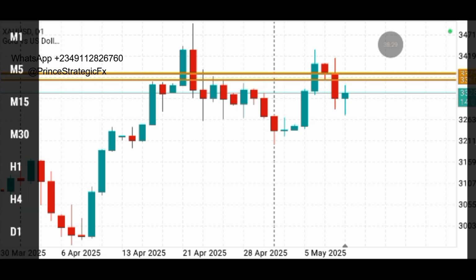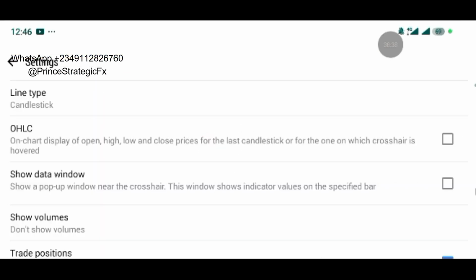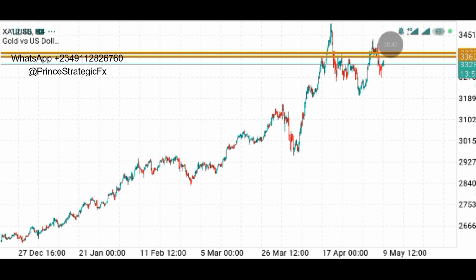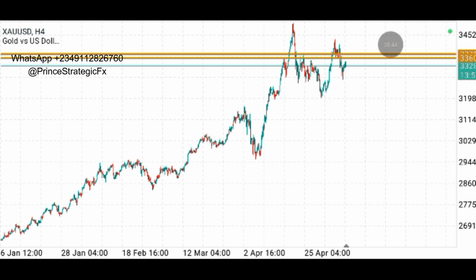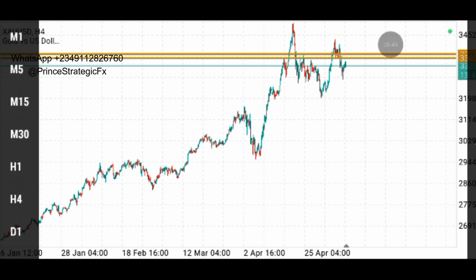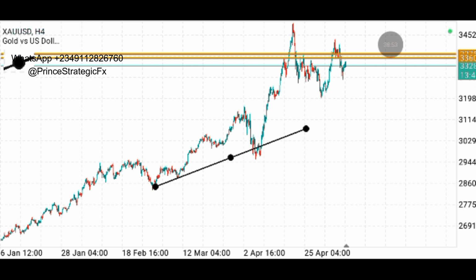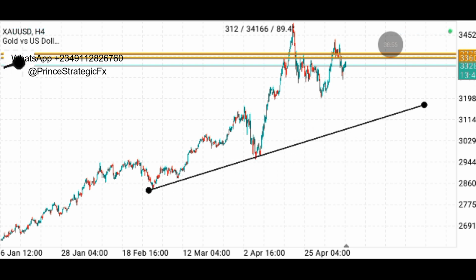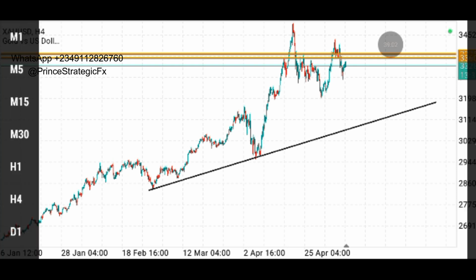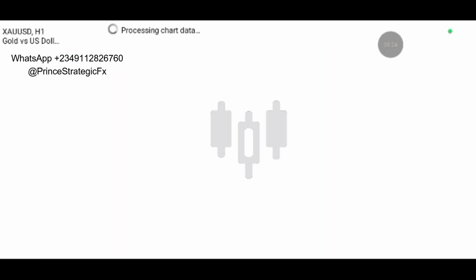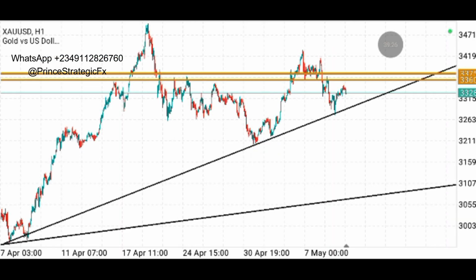So as soon as that is done, I head over to H4 and squeeze in my chart, exactly what you're seeing, just like this. Then I drew a trend line, multiple trend lines this time. So this was the first trend line I drew here. Then I took another trend line again. I should have taken it from H1, but I just decided to take it from H4. So this was exactly what I did.